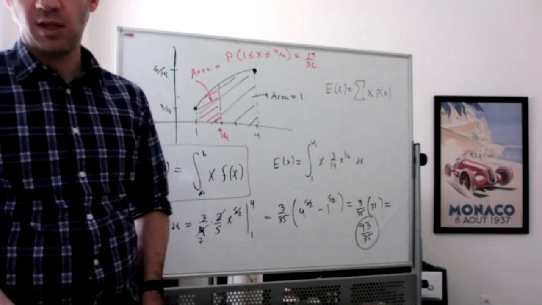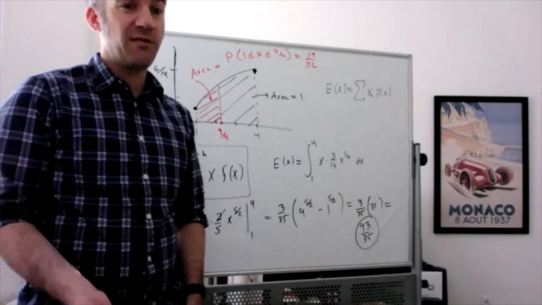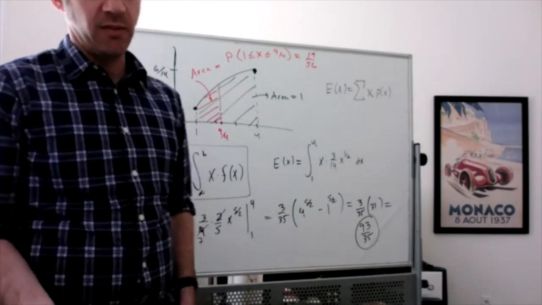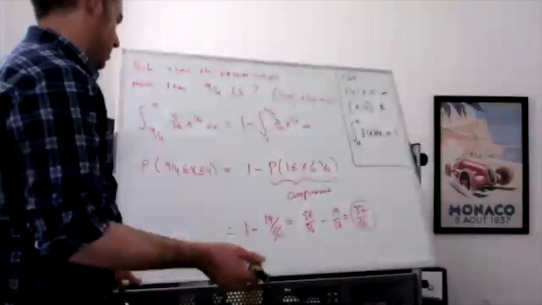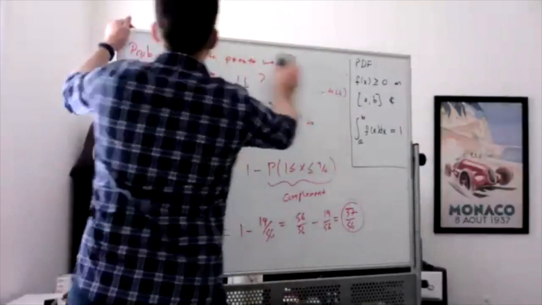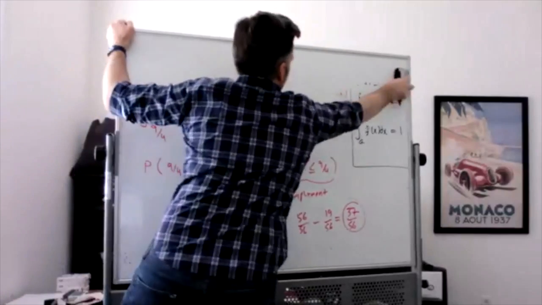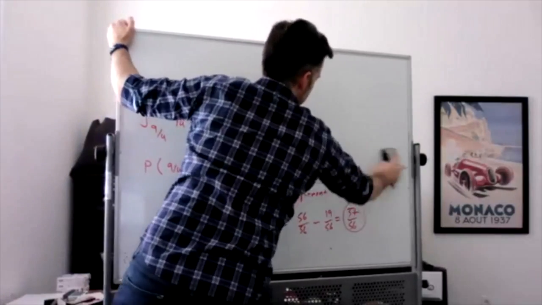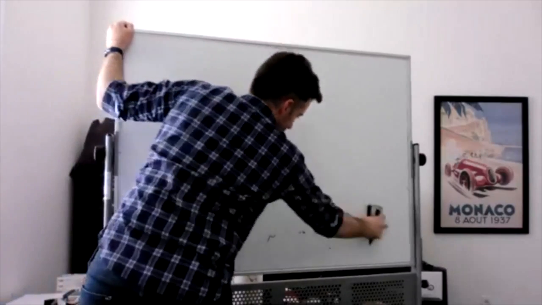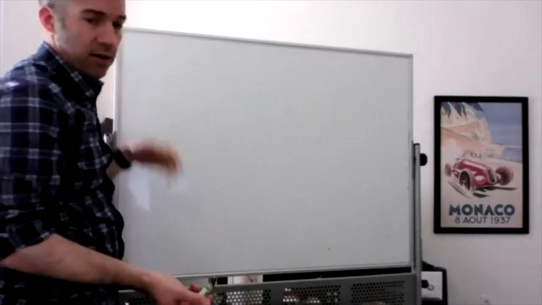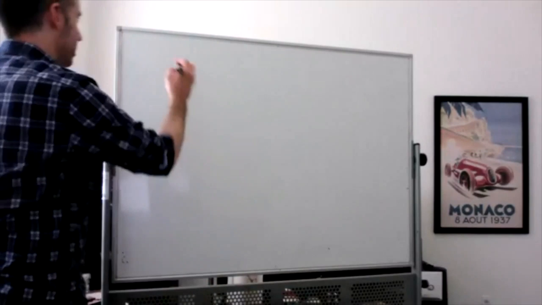Okay, not too bad. So let's talk about the variance. The variance is kind of a pain in the butt. Well, it can be, but it doesn't have to be. There are 2 different formulas for the variance, and one of them is almost always the better formula. Again, let's talk about discrete versus continuous.